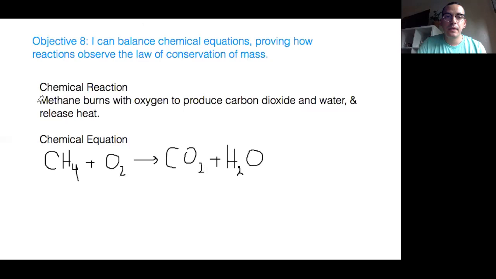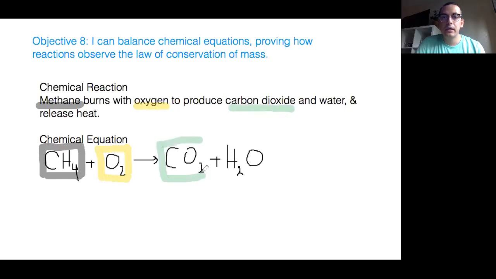So this methane is represented here. We've also got burns with oxygen, and the oxygen is right here. It produces carbon dioxide right here, and water, which is here.